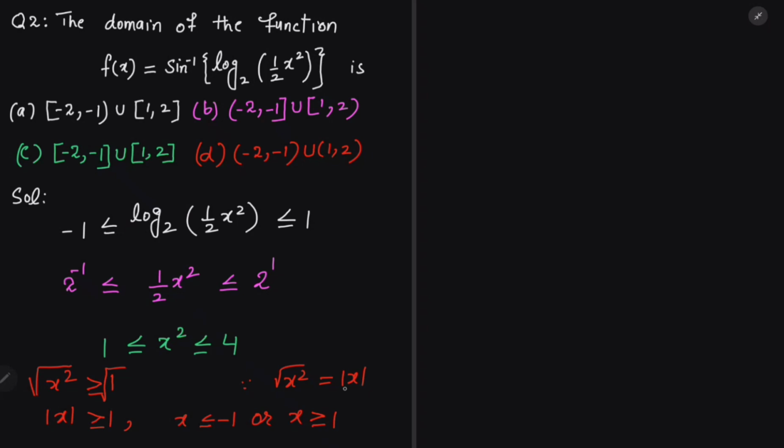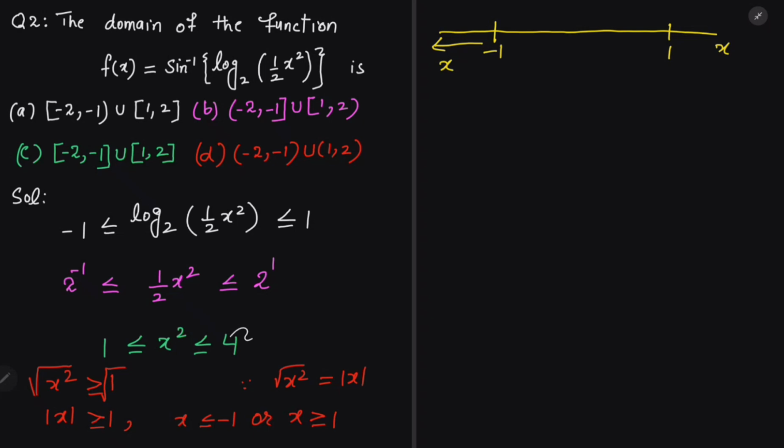So this is the first value. Let me just draw that over here on the real line. So we have, for example, this one is minus 1 and that one is 1, and according to this inequality, x is defined on the left hand side of minus 1, including minus 1, and another x is defined on the right hand side of 1, including 1 over here.